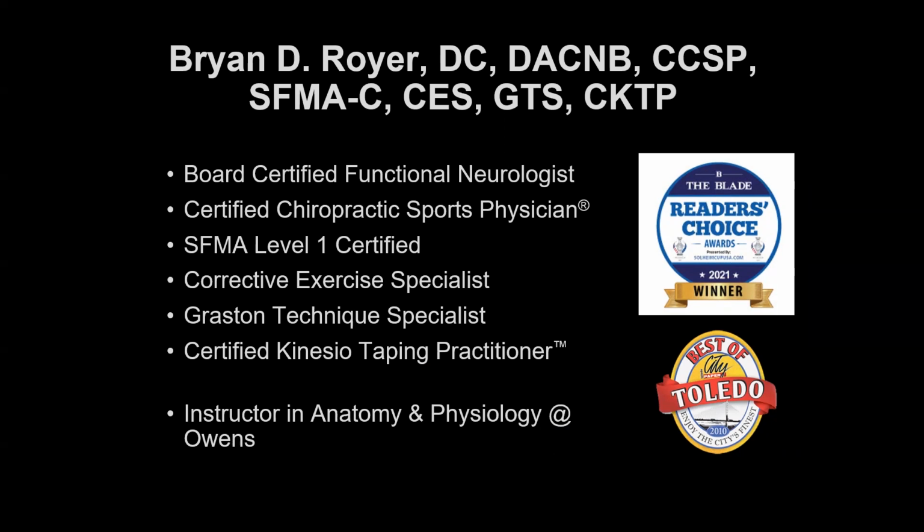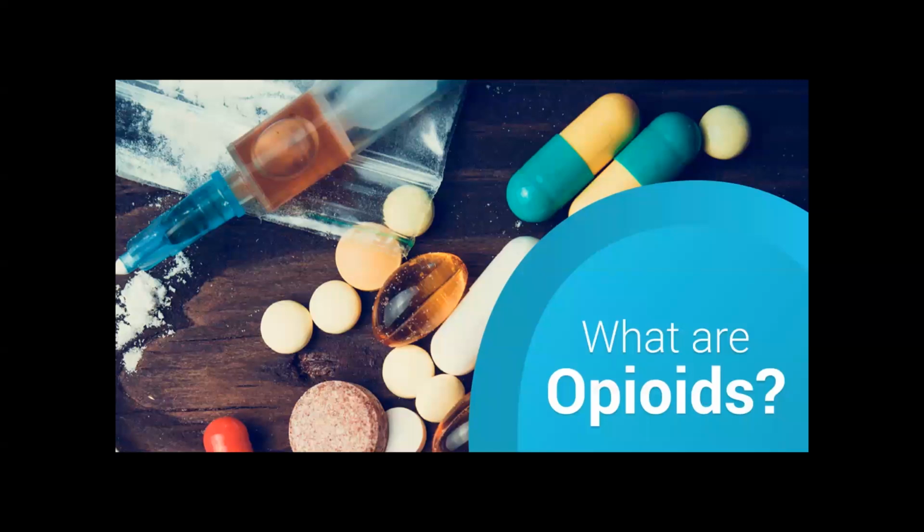But anyway, let's get on with the topic at hand. So, opioids. Most people have heard of the term opioids, but they don't necessarily know what exactly that class of drugs is. Basically, it's things that are heroin and other things that are related to it.